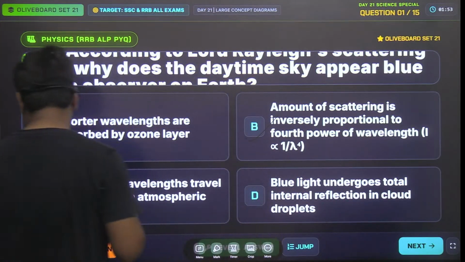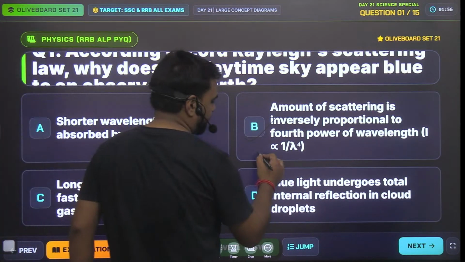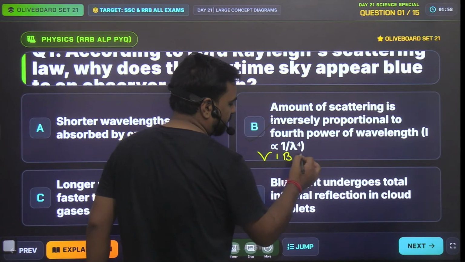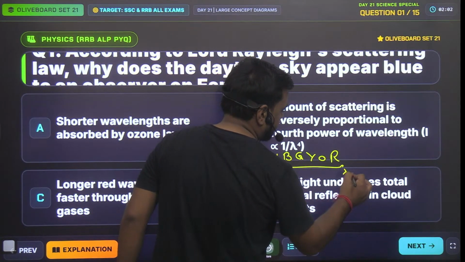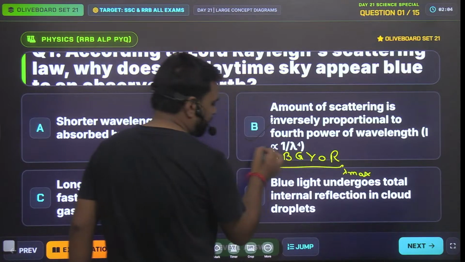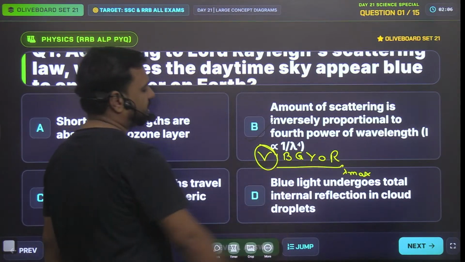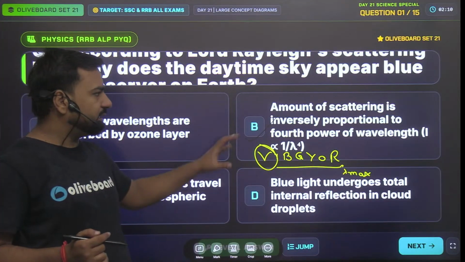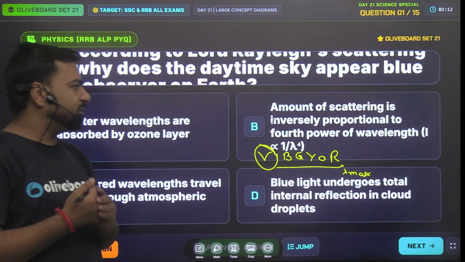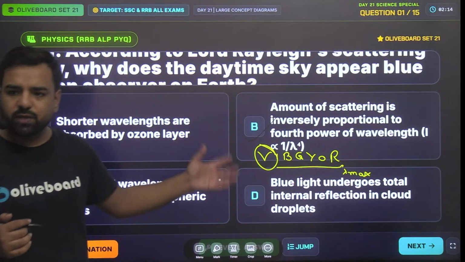And one more thing, since we are talking about VIBGYOR, red color has the maximum wavelength and violet color has the minimum wavelength. So that's actually violet, indigo, blue, where we have the least wavelength, and the amount of scattering is inversely proportional to the fourth power of the wavelength. So we can actually link it with this part.